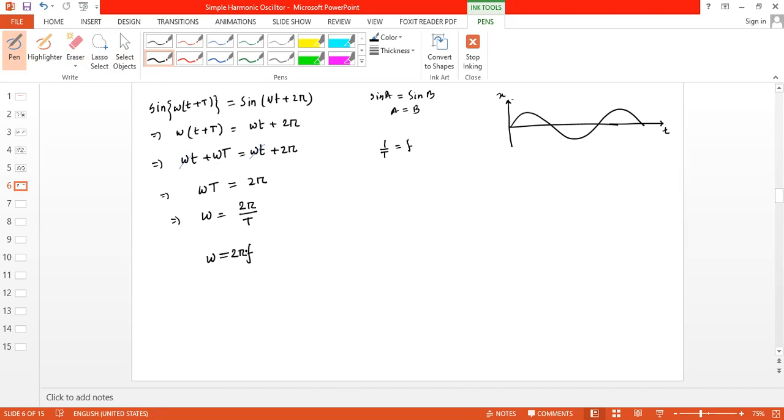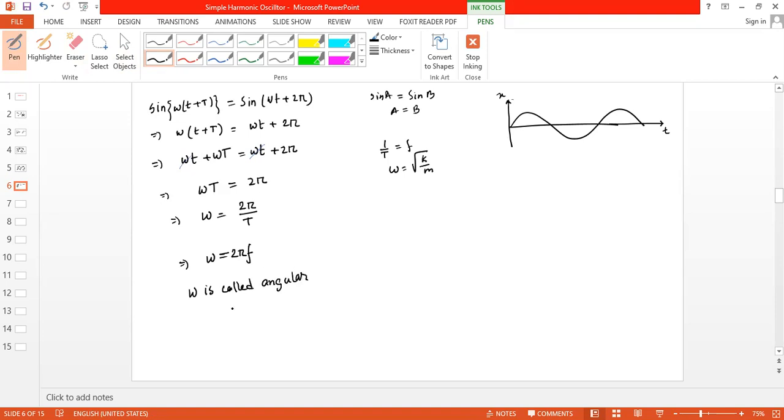So basically omega has the unit of frequency multiplied by twice pi. That's why omega, যে constant আমরা বলেছিলাম যে omega equal to root over k by m, is called angular frequency, that is frequency multiplied by some angle.